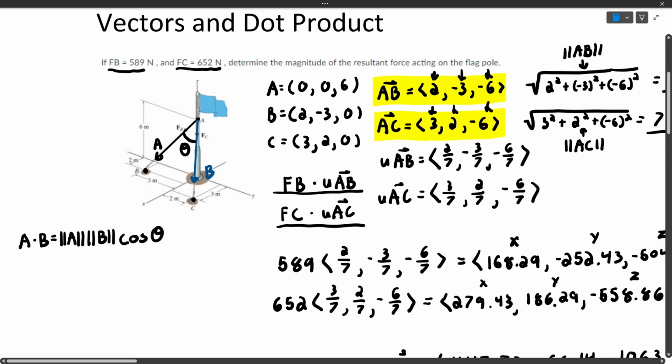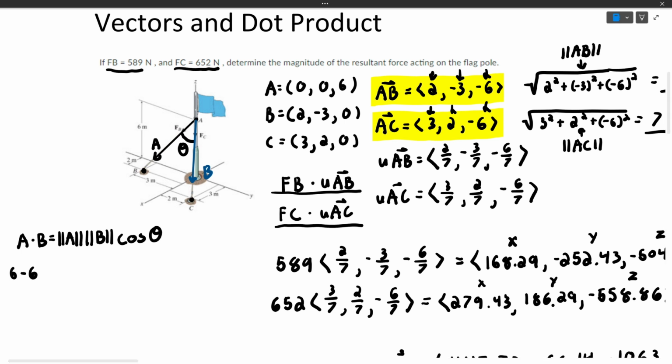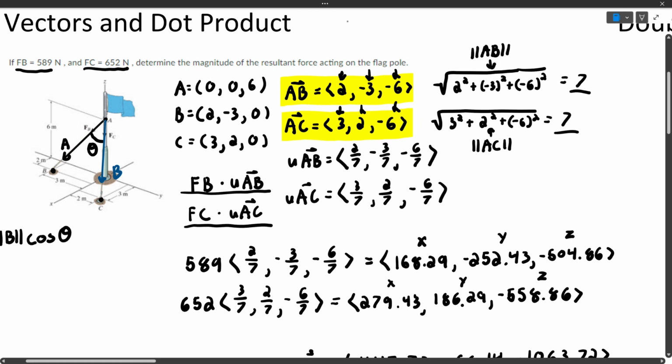So in doing that, we end up getting 2 times 3, which is 6. And then we have negative 3 times 2, which is negative 6. And negative 6 times negative 6 is plus 36. And those 6's are going to cancel. And we already know the magnitude of A is 7, and the magnitude of B is 7.